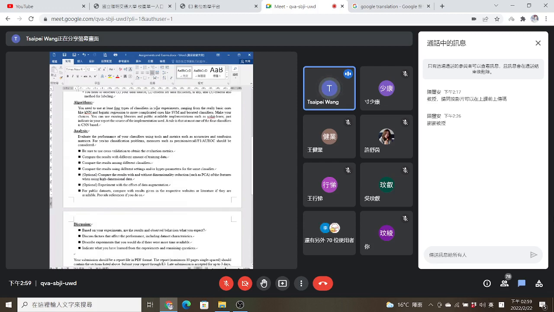Particularly if you have gone through the course of Introduction to Machine Learning, which I expect you have, you probably know more than those 4 types of classifiers. So just choose which 4 you want to use, and you can use whatever existing libraries.